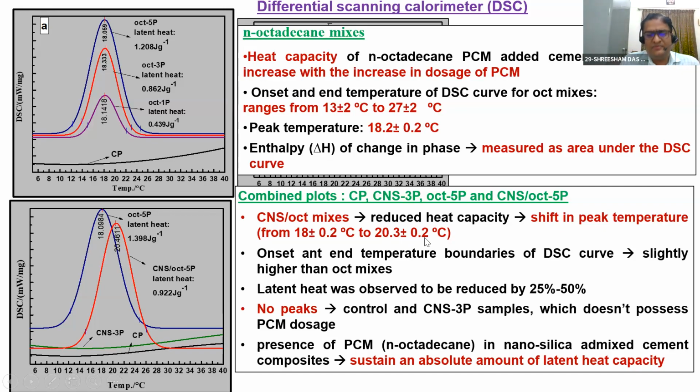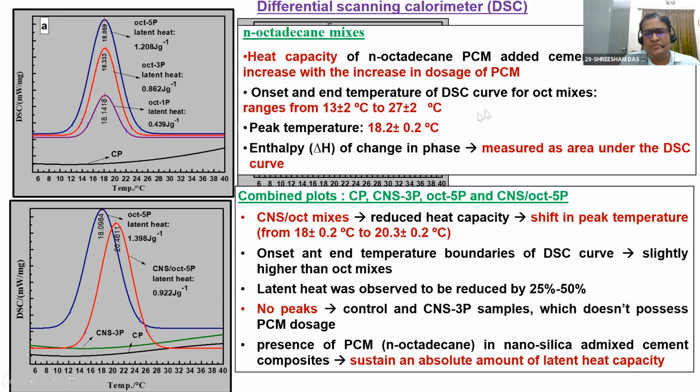So means, well, there is a small reduction in the heat capacity, but yes, I'm getting a peak, and I am able to absorb a substantial amount of heat, or a substantial amount of heat can be stored.